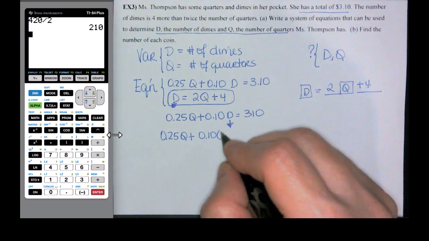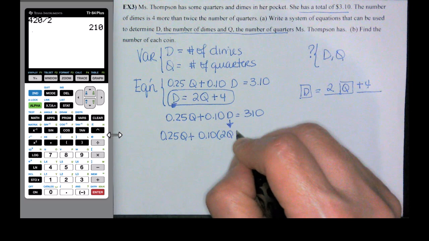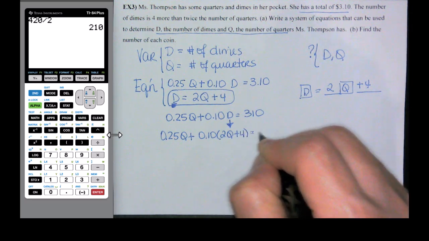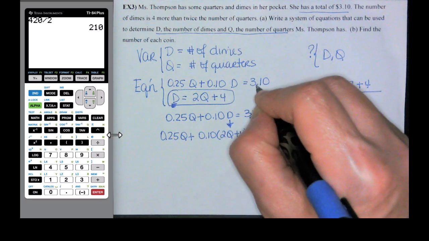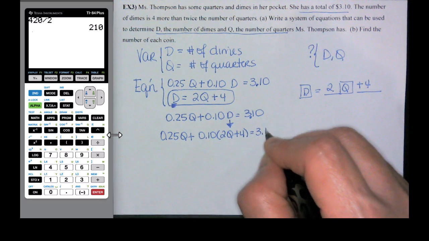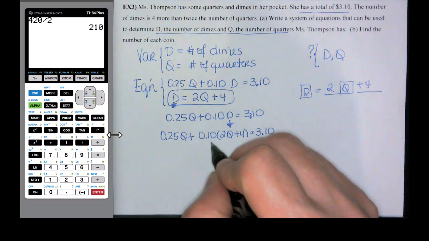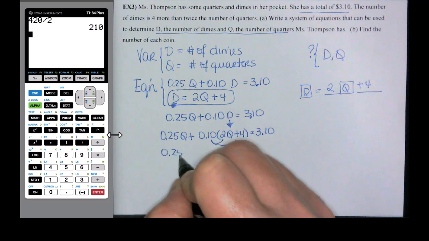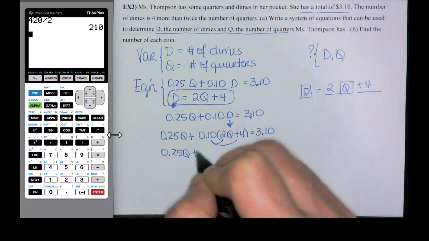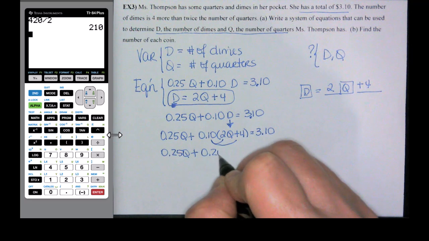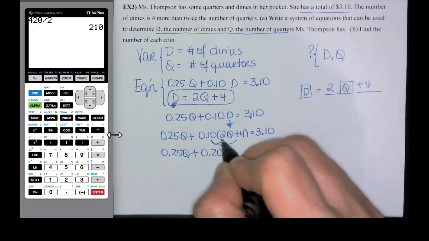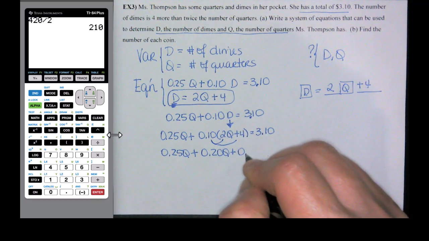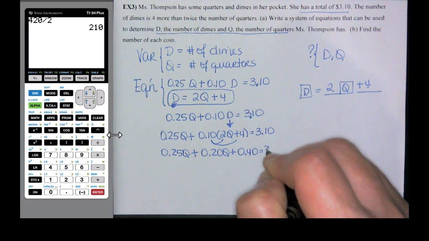And then instead of D, I'm going to write 2q plus 4 equals $3.10. So we're going to get rid of the parentheses. So this would be 0.25 q plus 0.20 q plus 0.10 times 4 is 0.40 equals 310.